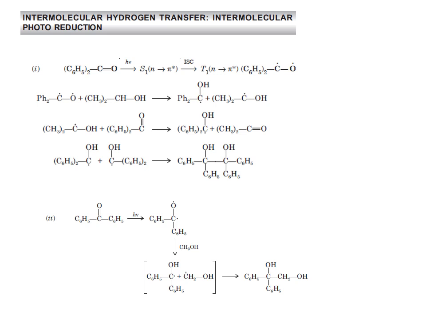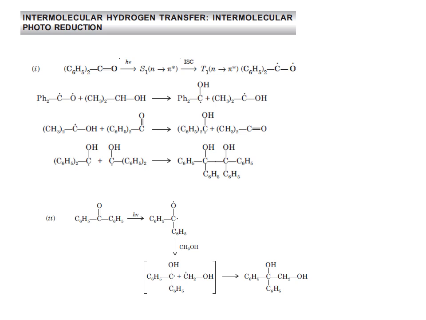Let us consider this example, where we can see this is the aryl ketone. In presence of light, it is converted into the excited singlet state. Followed by intersystem crossing, it comes to the excited triplet state. Then this is the diradical, where the electron can be both on the carbon and on oxygen.